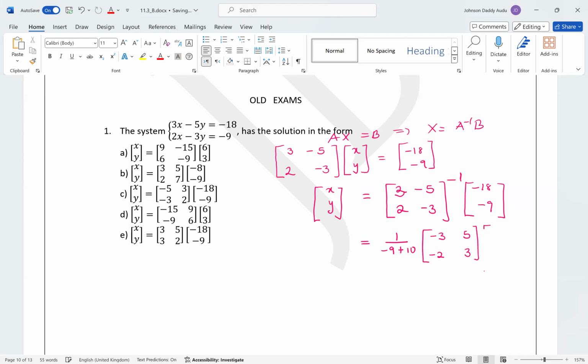Then all of it multiplied by 1 over minus 9 plus 10, which is just 1. So you have 1 over 1 into minus 3, minus 2, 5, 3, times minus 18, minus 9.